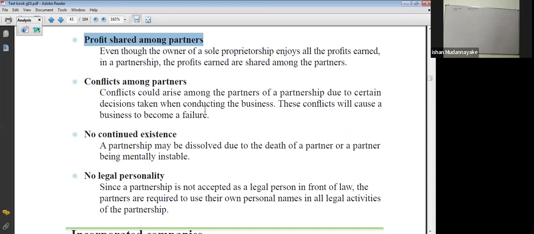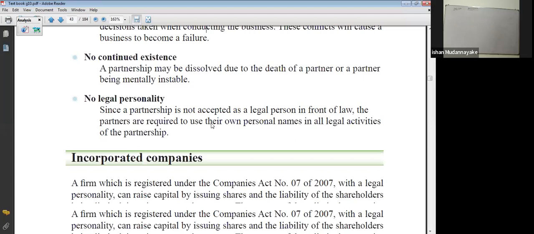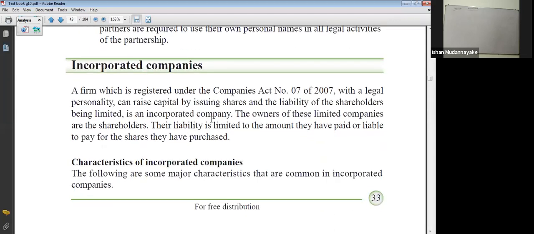Today we will move into incorporated company. What do you mean by incorporated company?